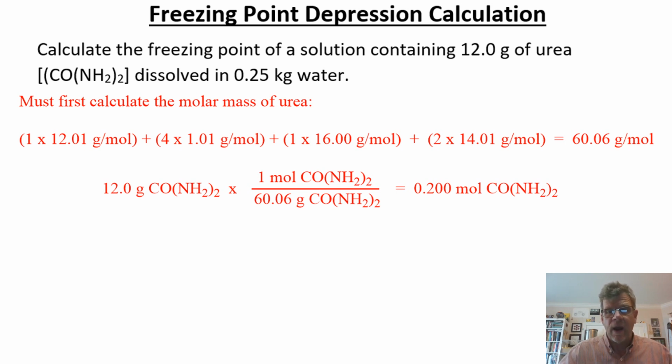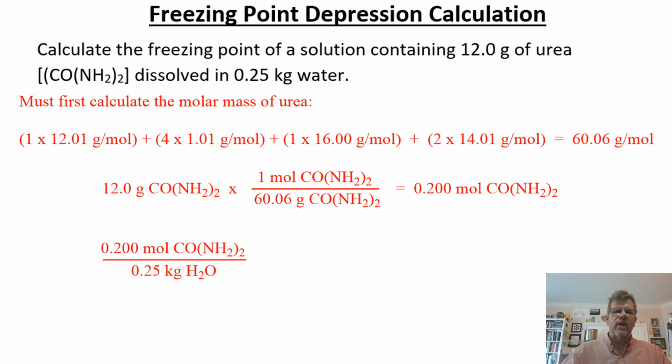Now we have our moles of urea, and the molality is moles of solute per 1 kilogram of solvent. Well, we have 0.2 moles of urea per 0.25 kilograms of solvent right now. How do we make it per 1 kilogram of solvent?